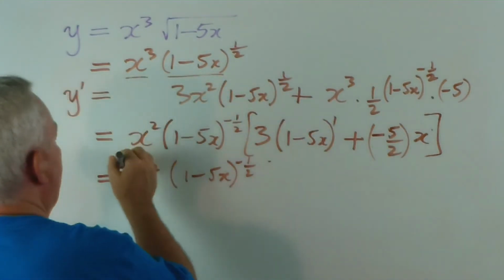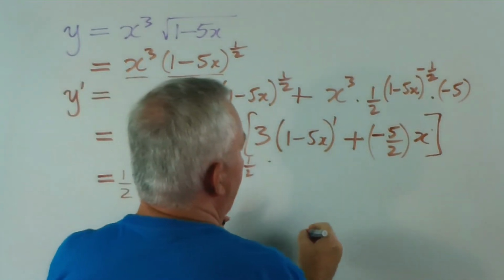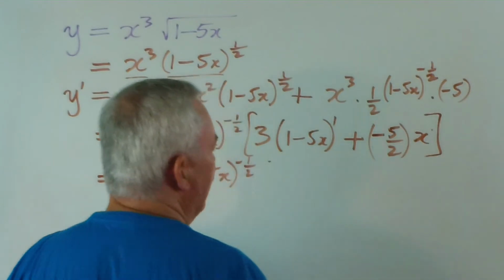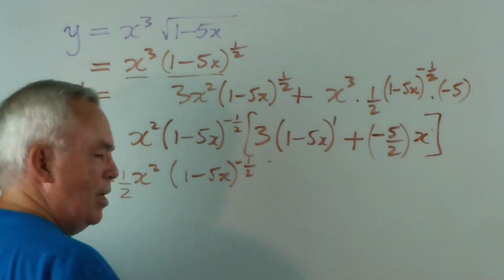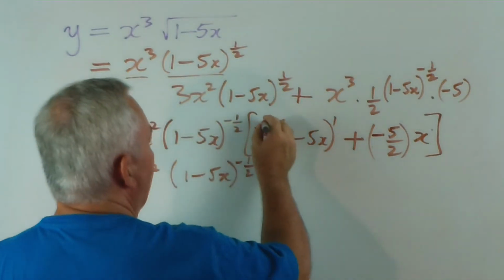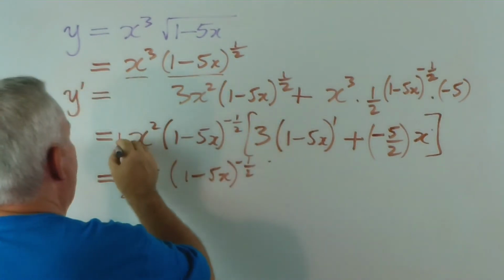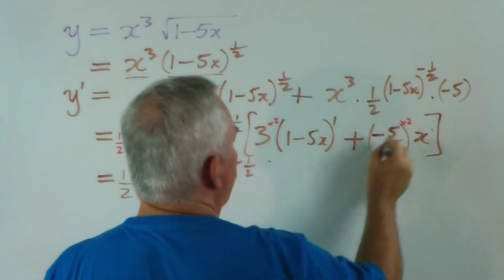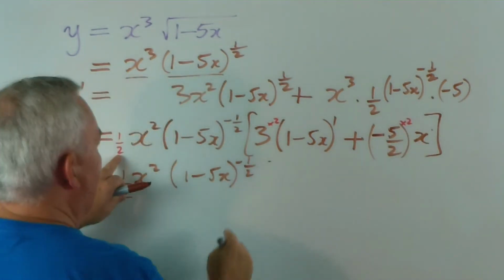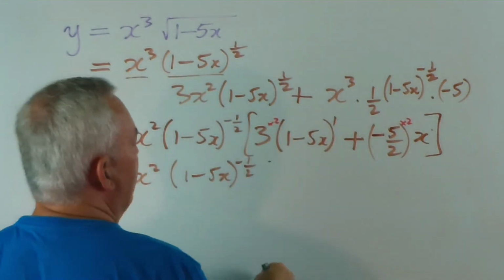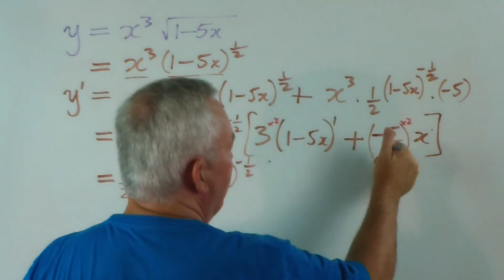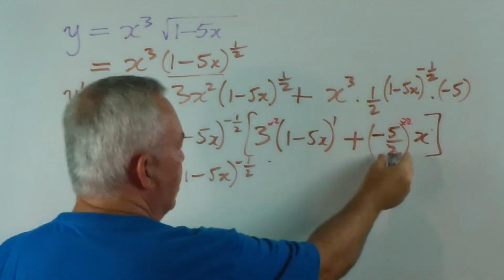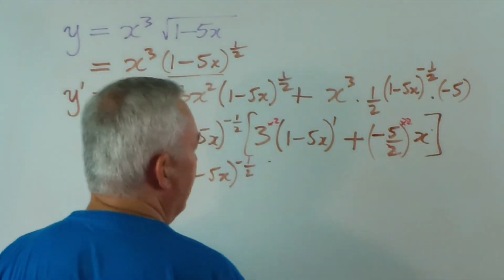If I put a half out the front, there are a few ways of explaining this. I'm probably being a bit mean on you. If I put a half here, then I can double these, because a half times 2 is 1. And that would mean the 2 would divide this 2 out and just leave a negative 5x. So by taking the half out, I'm just leaving the negative 5x.